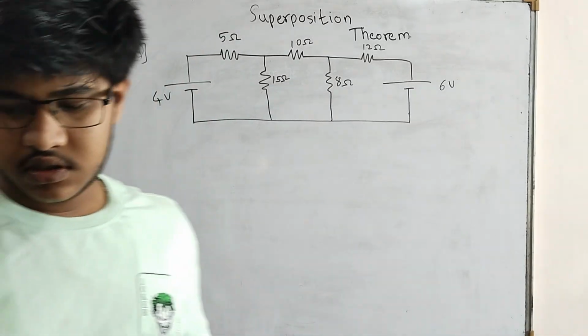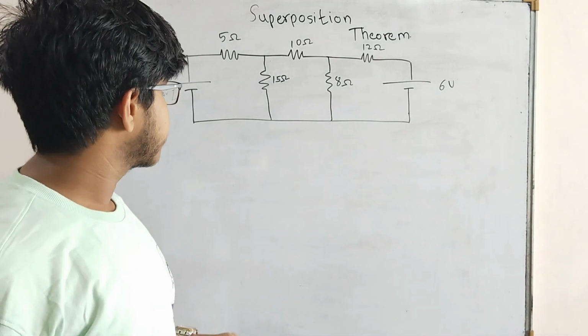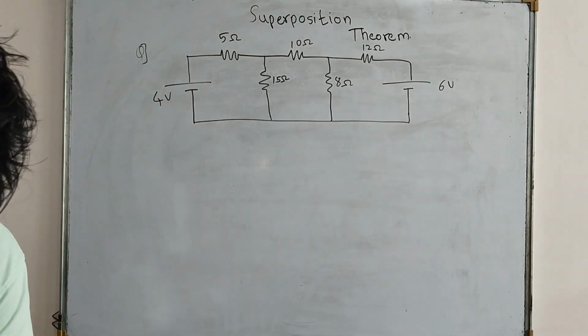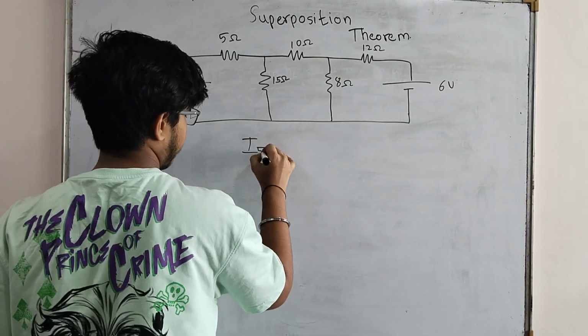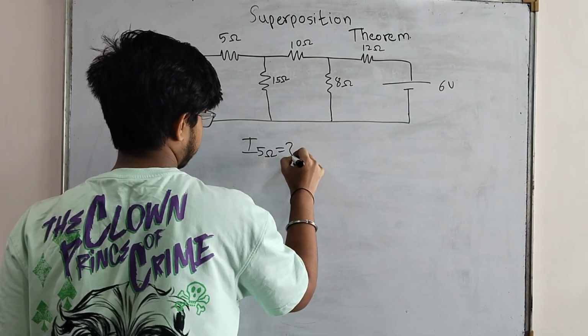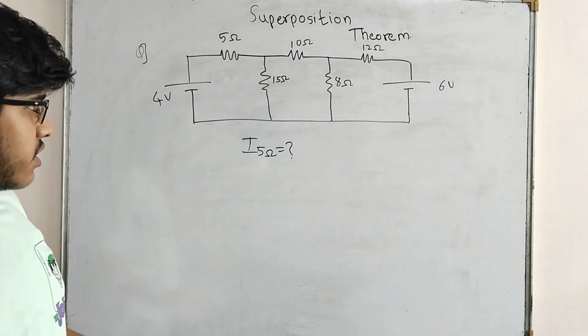So as we have discussed in superposition theorem, we can calculate current through 5 ohm resistance. Our question is, current through 5 ohm resistance is how much? So this is our branch through which we need to calculate the current.